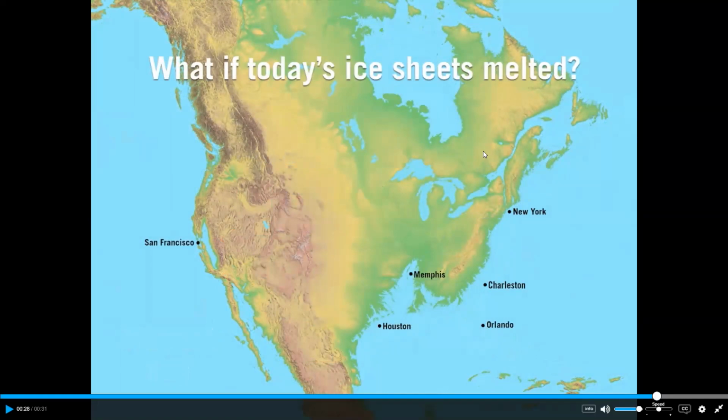So this is pretty interesting, that we see the continent essentially gets smaller if we have melting of the ice sheets. If today's ice sheets melted, you could see that we would lose a lot of the eastern seaboard, now in the ocean. We'd lose Florida completely. We would lose pretty much all of Louisiana.